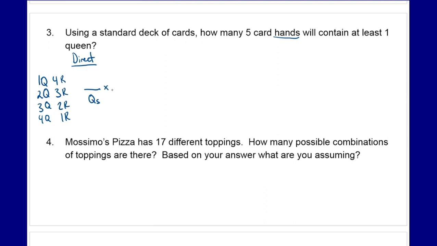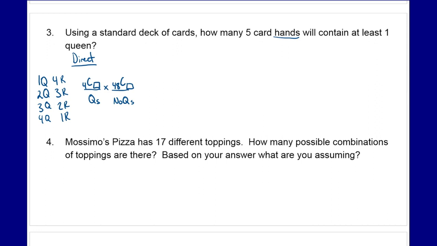Multiply by how many ways can I choose no queens based on how many cards are available, right? Which would basically be the 52 minus 4. So we would have 4 choose something times 48 choose something, depending on which case we looked at, and we'd have to add all the cases up.